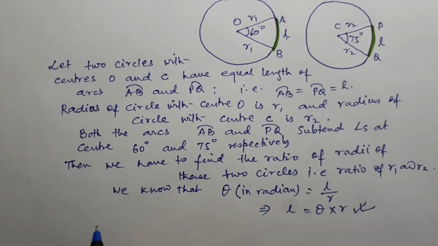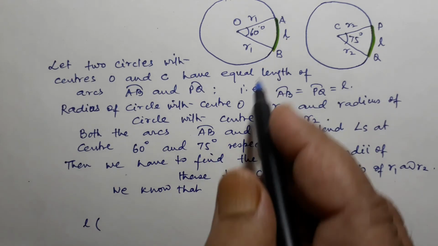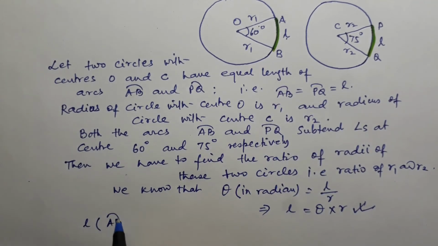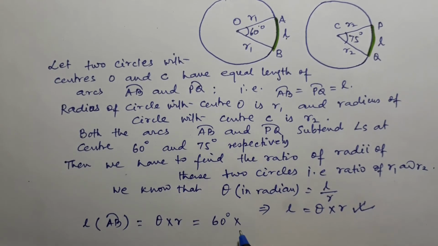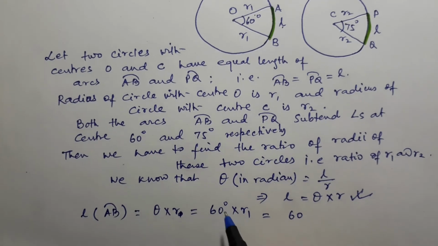Now L for arc AB is theta into R, equal to 60 degree into R1, right? So it is in degree, so we will have to change it into radian.